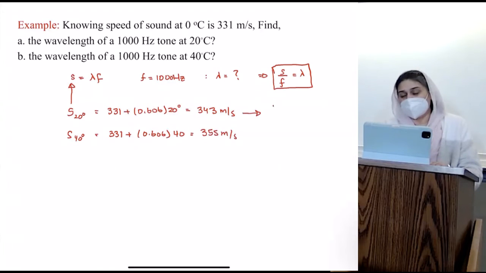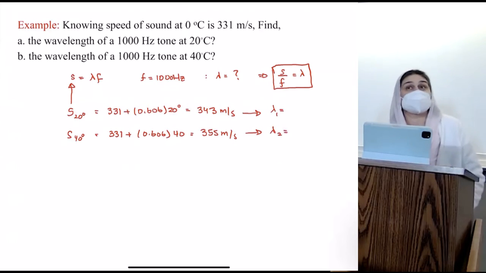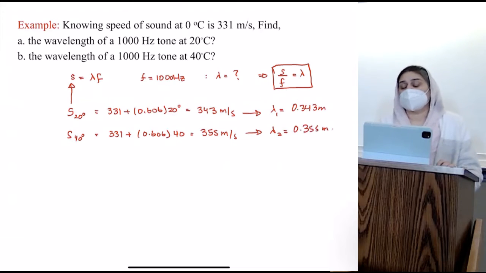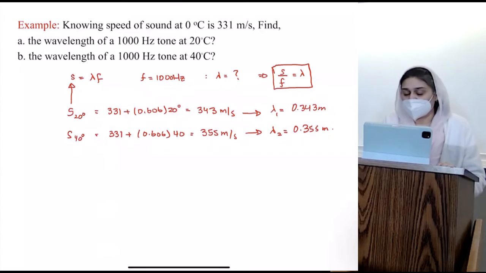So then what will be the lambda for this case? And what will be the lambda for this case? Yes? 0.355. Do you see the difference? So if I look at this, think of it this way.